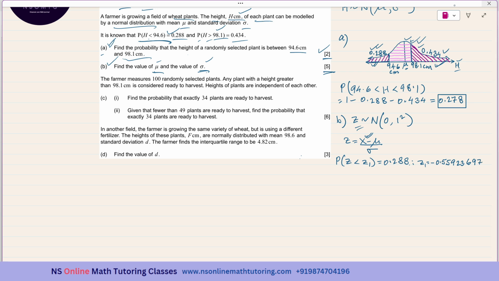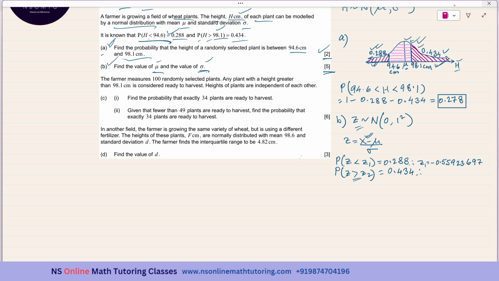Okay. Another equation that I am having is P of Z greater than Z2 is equal to 0.434, sorry. But since we have to use the inverse normal, we cannot have this greater than sign. We have to change it to less than.